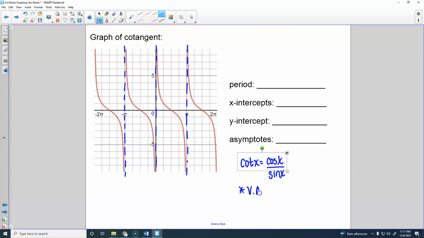So our vertical asymptotes are going to be where sine of x equals 0. And you can see it on this graph, but we know from the unit circle as well, asymptotes are going to happen at any increment of pi, right? 0, pi, 2 pi, 3 pi. If you go the other way, negative pi, and so on. Those are the places where sine equals 0.